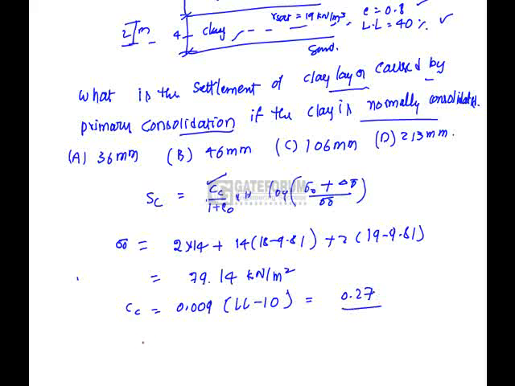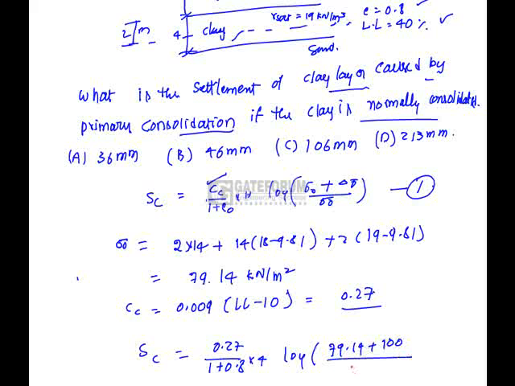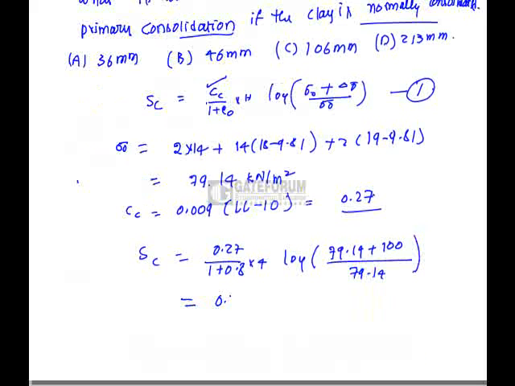So if you substitute the values in the above equation, we will get Sc is equal to 0.27 by (1 plus 0.8) into 4, the thickness of the clay layer, log of (79.14 plus delta sigma, the external load acting of 100) divided by 79.14, that implies 0.213 meters, that is equal to 213 millimeters. So option D is correct.